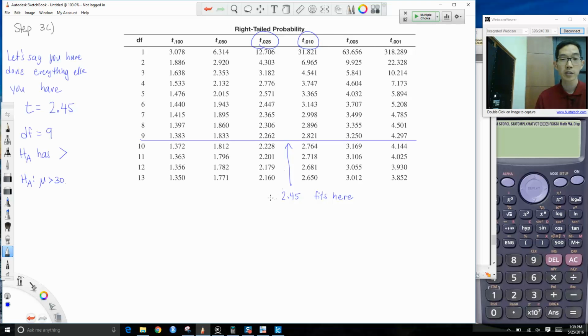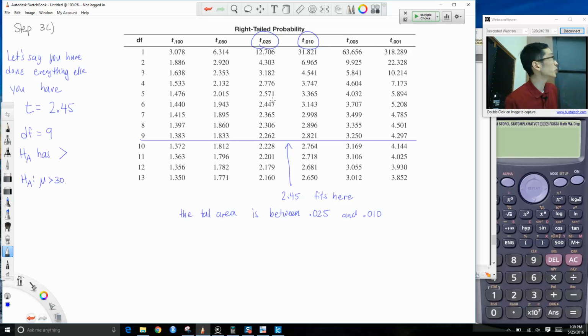So this means that if my test statistic ends up here, the corresponding tail area is between 0.025 and 0.010, or 0.01. Is that okay? So basically, you're just going to look for your test statistic, and if it's in between two numbers, then you know your corresponding tail area is going to be in between these two numbers as well. Okay.